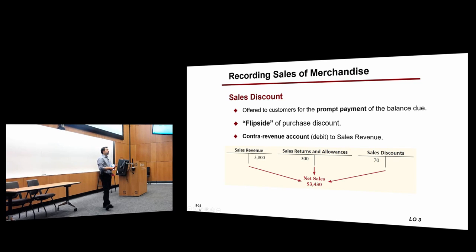Once again, the companies here use a contra revenue account. They don't want to touch the sales revenue number. They want to keep that number intact. Instead, they use contra revenue accounts. So what's the contra revenue account here? Sales discount. Remember, in the purchases, what was the account that was used?